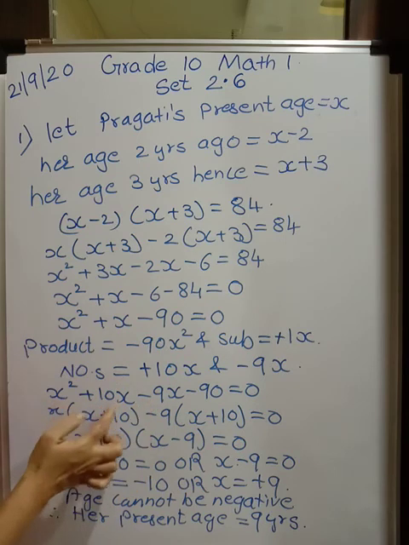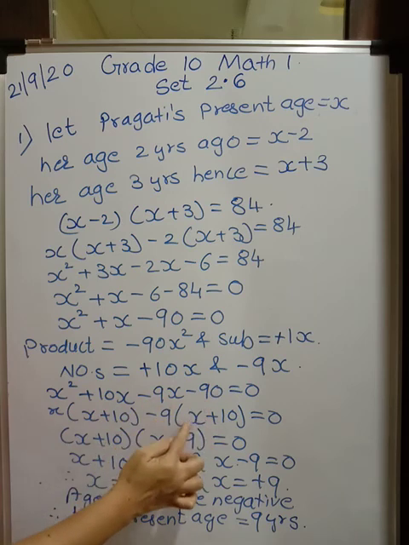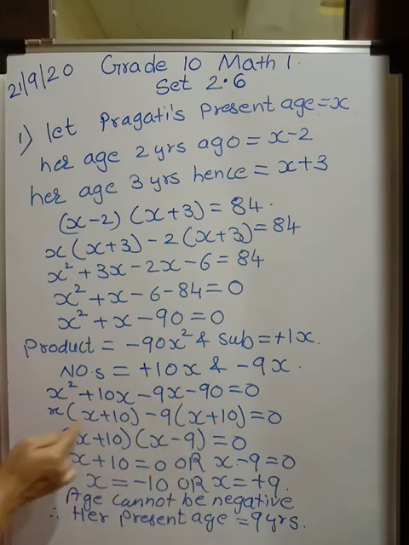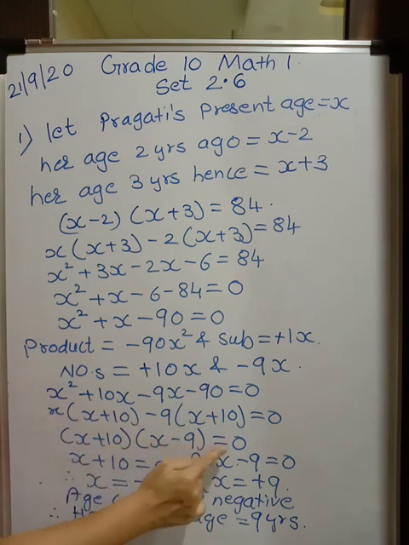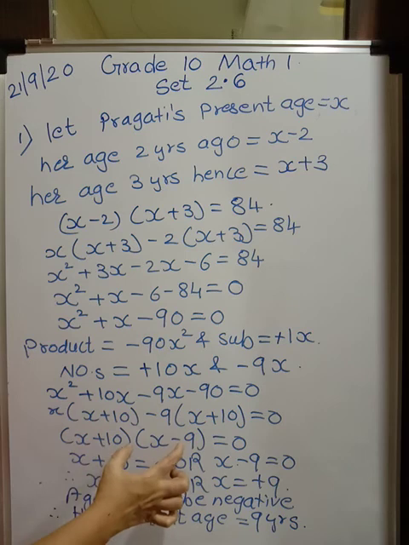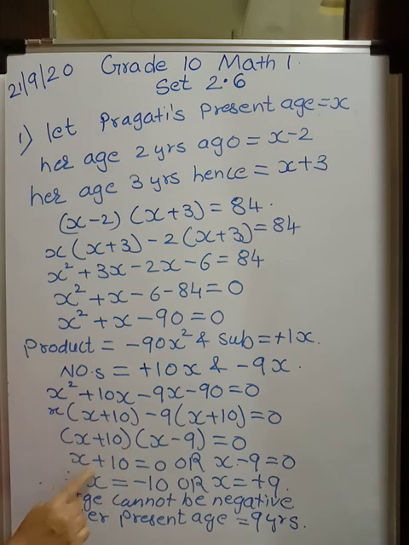Now from these two, take x common, you get x plus 10. From these two, take minus 9 common, again you get x plus 10. Now x plus 10 is common. So what remains? x minus 9. So either x plus 10 or x minus 9 will be equal to 0, because here is a product sign. So you have x plus 10 is 0 or x minus 9 is 0. So x will be equal to either minus 10 or x will be equal to plus 9.